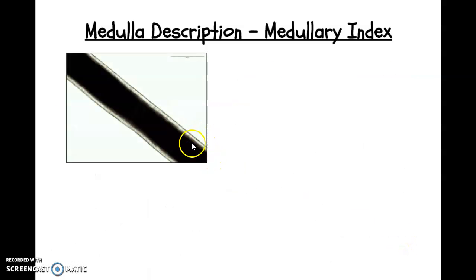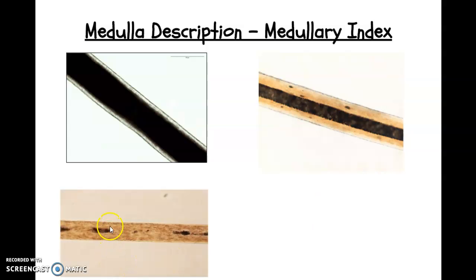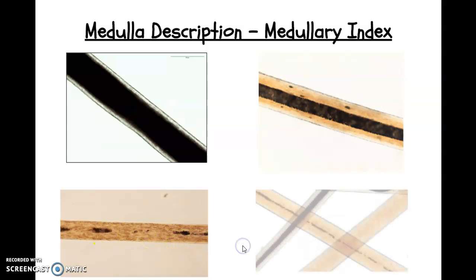Looking here, we have a really big medulla. It's like a 3/4, so a 0.75. Here, I would say it's about half, so I'd say about 0.5. Here, we probably have about a 1/4, so 0.25.